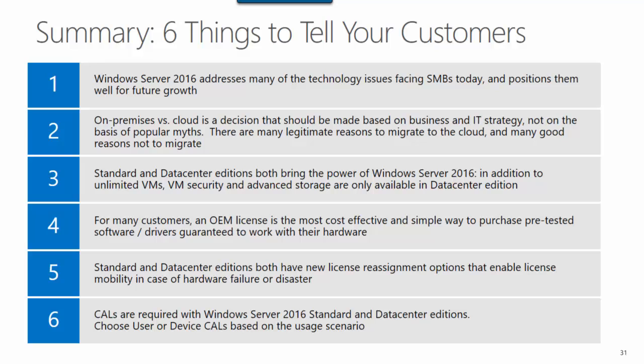So what are the six things you should tell your customers? It addresses many of the technology issues facing SMBs today and positions them well for future growth. Like when any new version of Windows Server, or I guess a new version of anything, comes out, one of the conversations that you'll probably be having with customers for an extended time period is, well, even if we're buying Server 2016, should we deploy an earlier version because that's what the customer's used to?